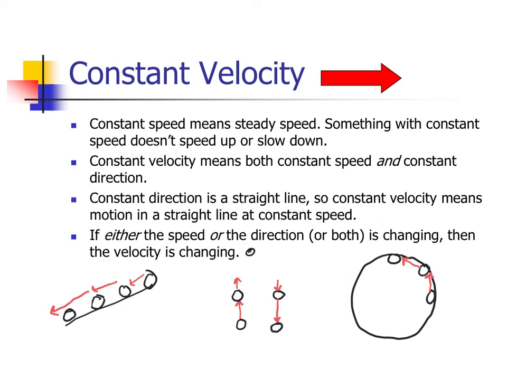So we have to be careful and really look at that. How is it changing? Is it changing? And a lot of times people say, well, it's not moving. Yeah, not moving is constant. It's just constantly zero. And be careful with that.